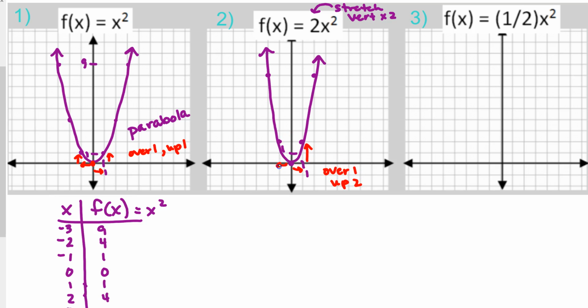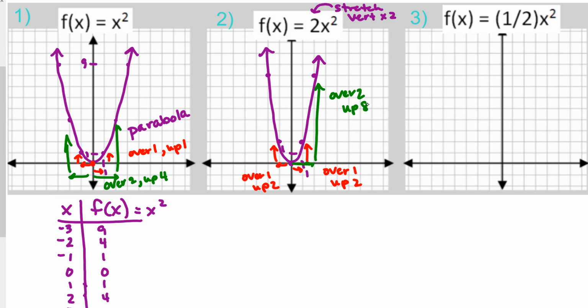In both directions, over 1, up 2. And with the first one that we graphed, when we went over 2, we went up 4. Over 2, up 4. In both directions, over 2, up 4. So when we multiply it by 2, we go over 2, up 8. So you double it.